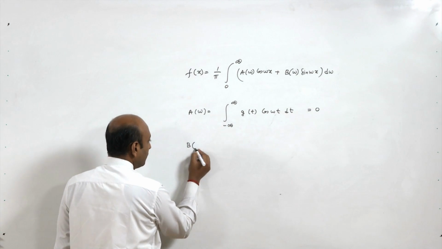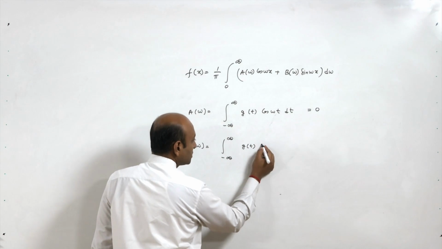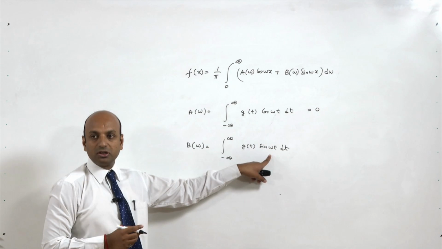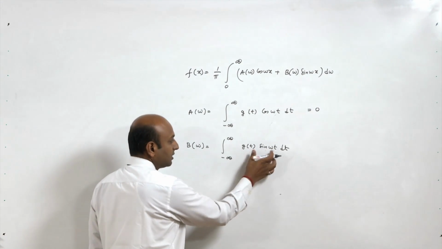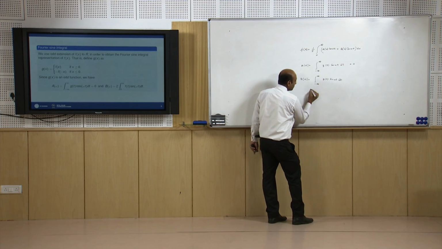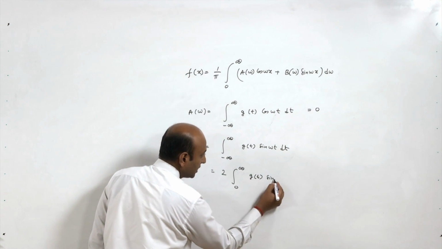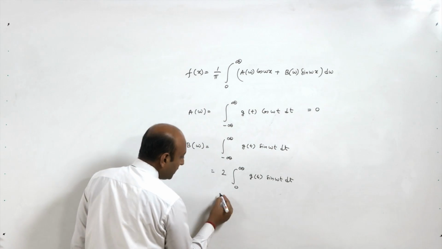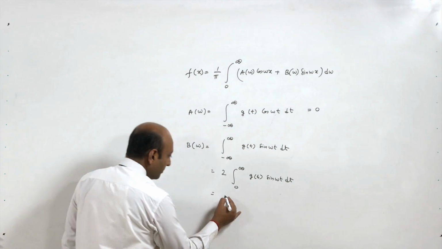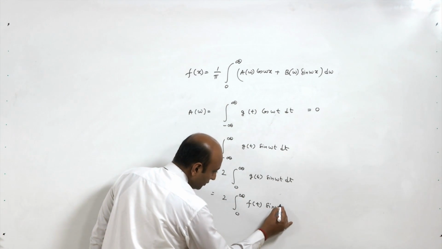And B(omega) is given by the integral from minus infinity to plus infinity of g(t) sin omega t dt. This is odd into odd, which is an even function, so this will be 2 times the integral from 0 to infinity of g(t) sin omega t dt, and from 0 to infinity g(t) is nothing but f(t), so it will be 2 times the integral from 0 to infinity of f(t) sin omega t dt.